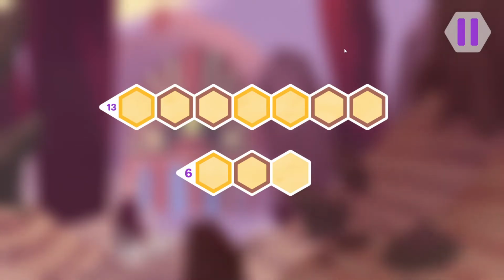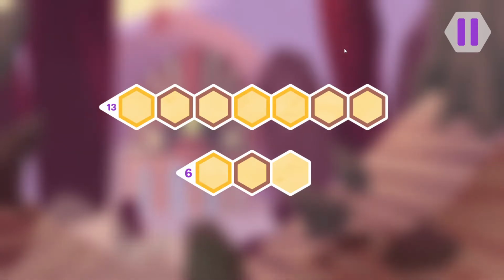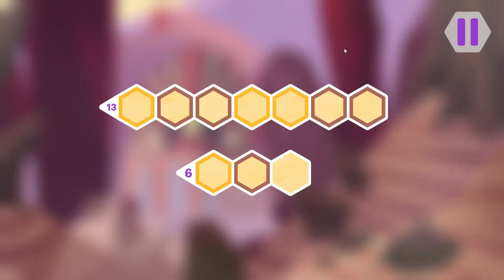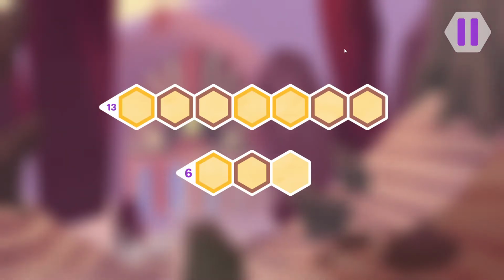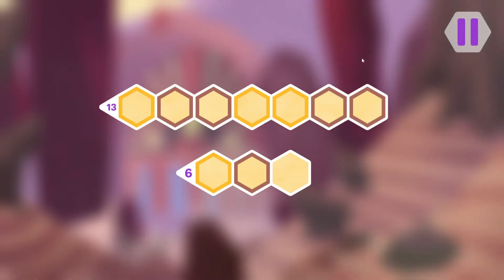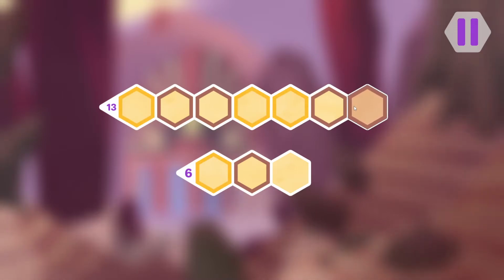Okay, let me take a sip. Okay, so let's say the brown is 3. It'll mean that the brown cells will give us 12, and not enough for yellow cells.